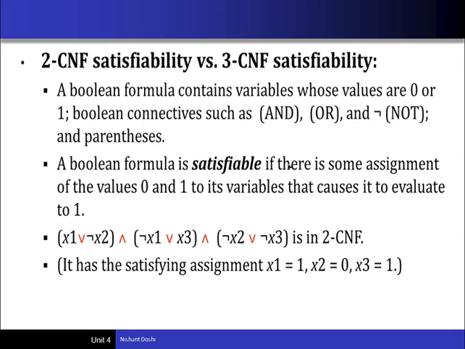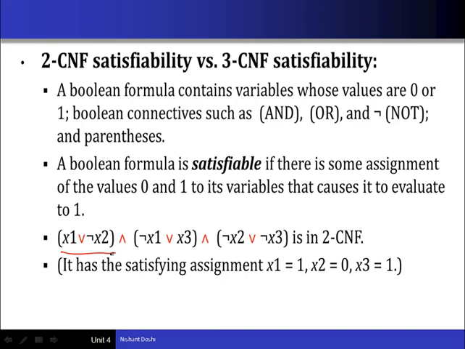The second thing after next: 2 CNF and 3 CNF, conjunctive normal form. In our world, you can use the AND, OR, and NOT gates. So what you can see here is, in a 2 CNF, the number of brackets can be any. Right now there are 3 opening and closing brackets.